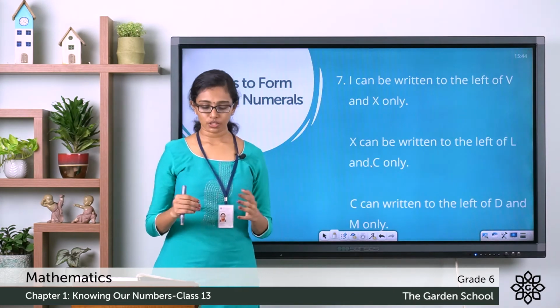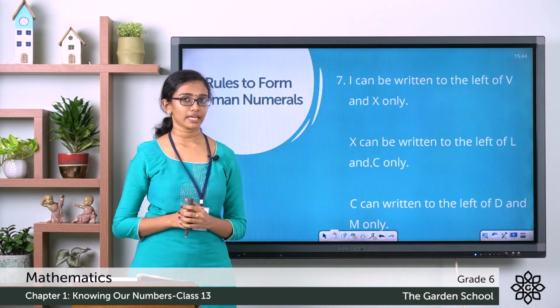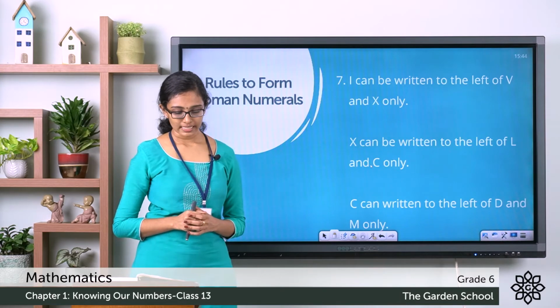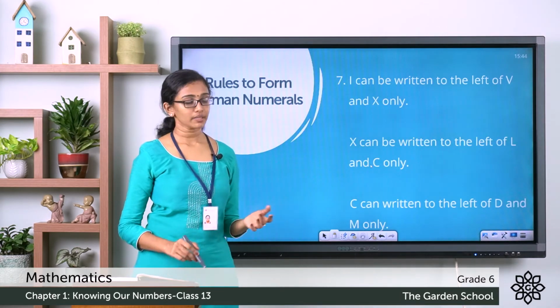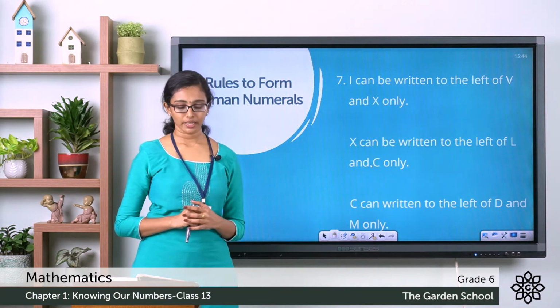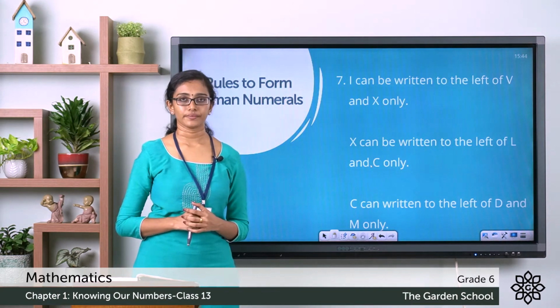For this, please look into the list of Roman numerals given in your textbook, that is in page number 12. You can see the table there. So this rule states that the symbol I can be written to the left of V and X only, which means that I can be subtracted from V and X only.